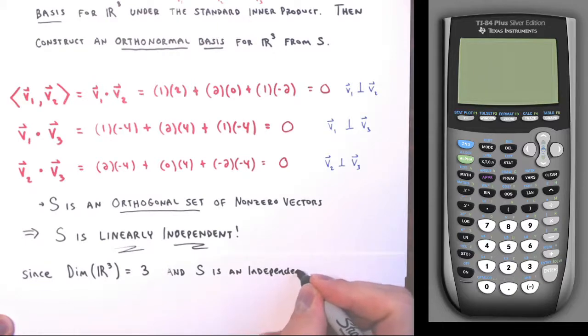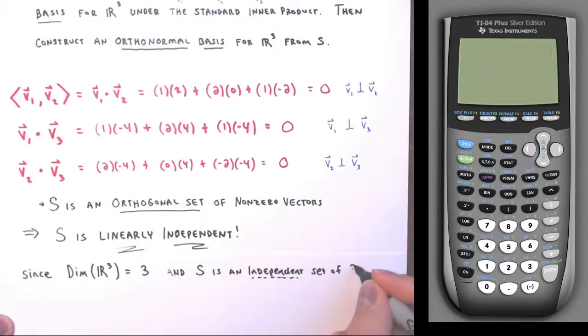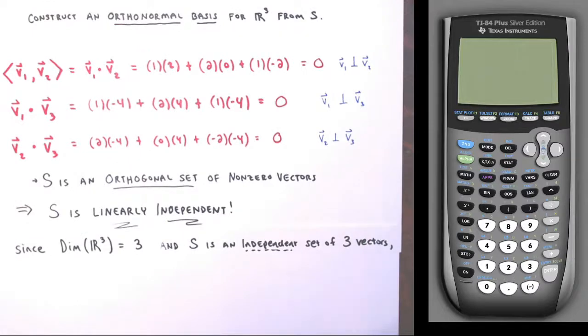That's the key, that they have to be independent to be a basis. And S is an independent set of 3 vectors, which is the same number as the dimension of R3 that we know. Then S is a basis for R3.